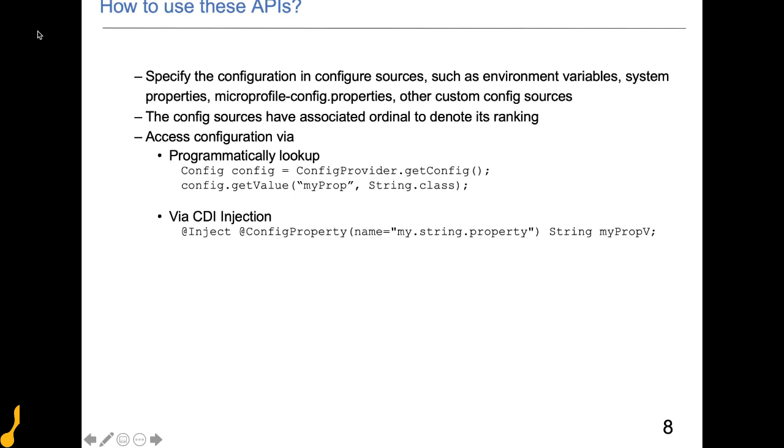In this case, I want to inject my.string.property, and then the variable myPropV will be assigned the value of my.string.property. Later on, I will do a demo, so you will understand how to use either the programmatic lookup or the CDI injection model.